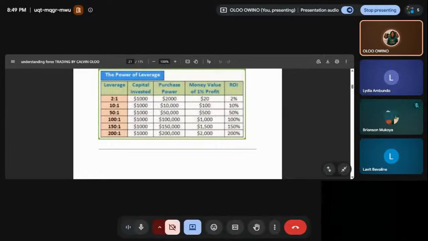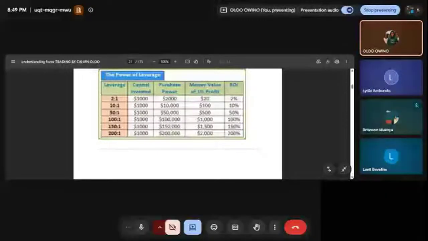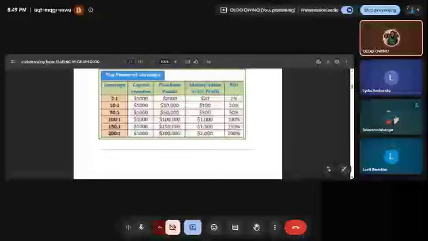Capital invested is $1,000, purchasing power $50,000. A profit of 1% is $500, return on investment is 50%. If you have a leverage of 1:100, a capital invested 1,000, purchasing power 100,000. You make a profit of 1%, that is $1,000. The return on investment is 100%. You've made 100% of your money.